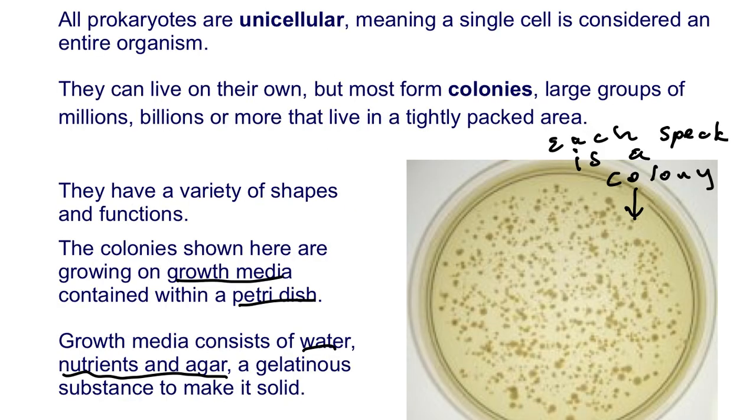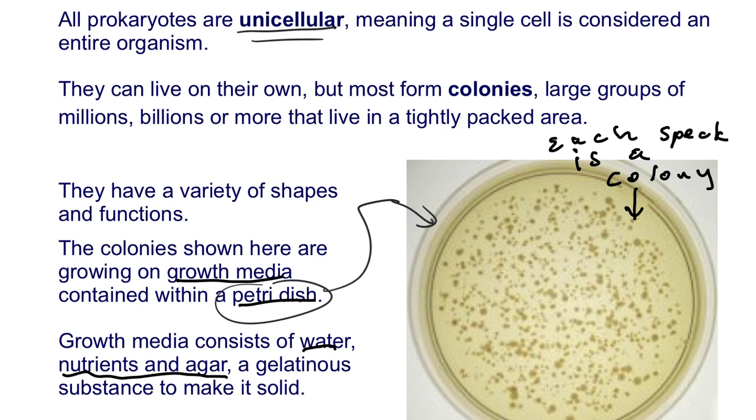Okay, bacteria and archaea are unicellular. There's no multicellular forms of bacteria. When bacteria find a place where there's food, that one bacterium will divide into many, many bacteria and produce a colony of individual cells that are exactly alike, clones of each other. So here we have a petri dish.